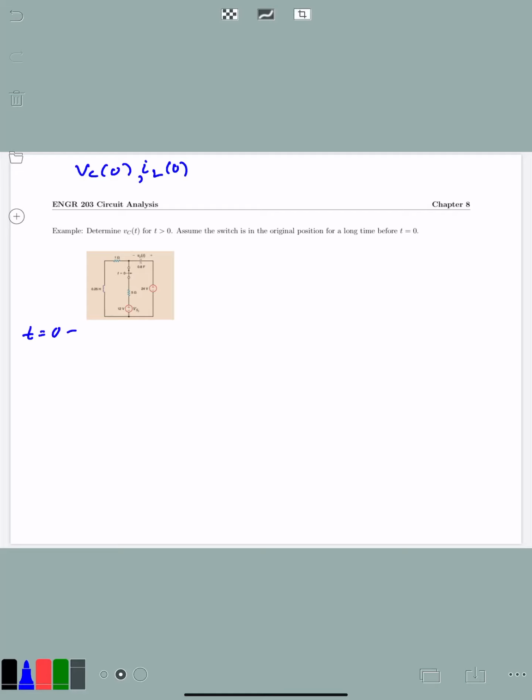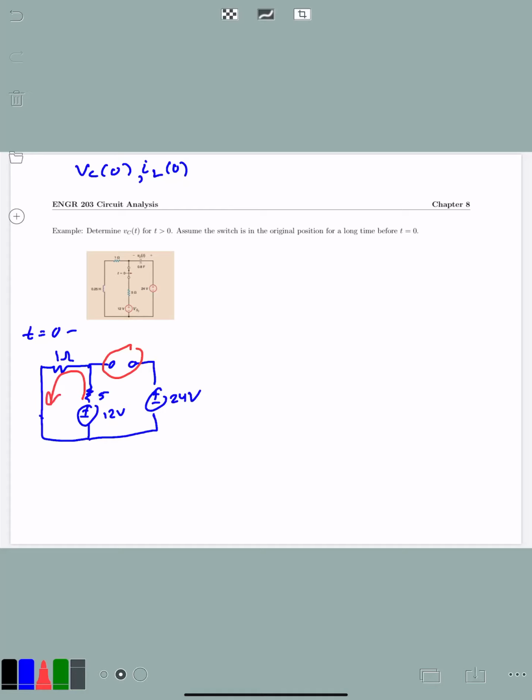So after a long time, inductors are shorts. We have the switch is currently closed. Capacitors are open. And we need to find IL and VC. Now, since this here is open, there's no current going that direction, so the only current is going to go this way.